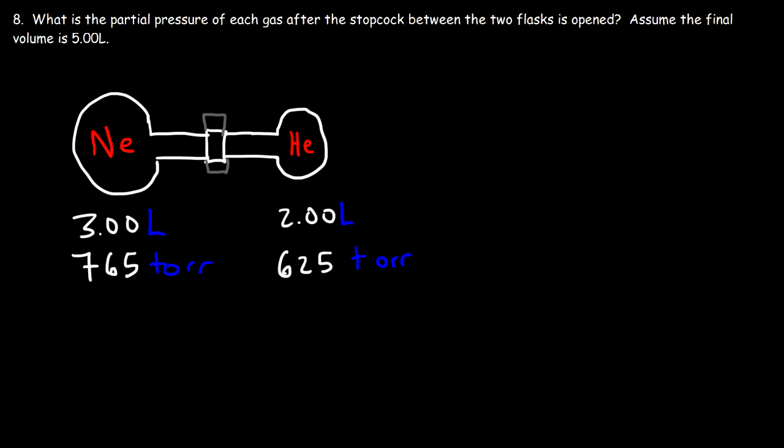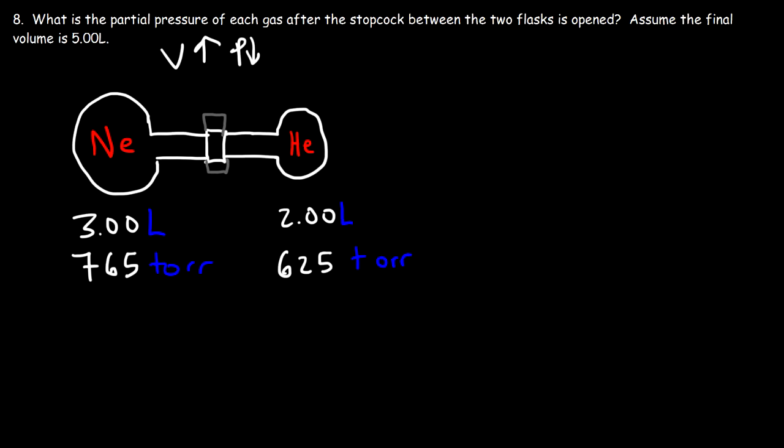What is the partial pressure of each gas after the stopcock between the two flasks is open? Assume the final volume is 5 liters. Now let's focus on neon. The volume is going to increase from 3 liters to 5 liters. Anytime the volume goes up, the pressure goes down based on Boyle's law.